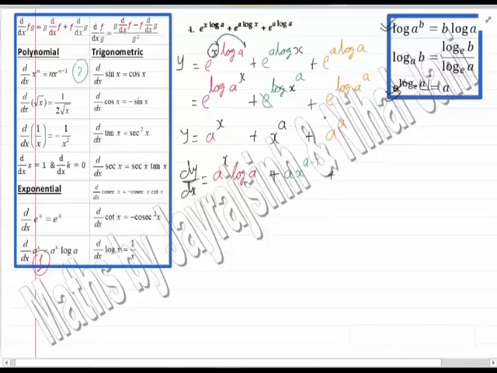Okay, now differentiation of the third term, which is a raised to a: you have to think about it, basically a and a both are constant terms, so the whole term is purely constant, so its differentiation is 0. So the final answer is dy by dx is equal to a raised to x log a plus a x raised to a minus 1. Ta-da!